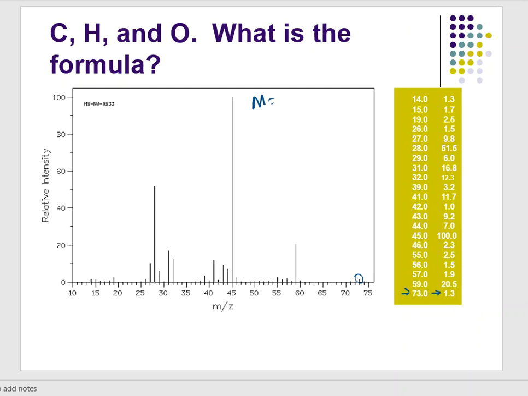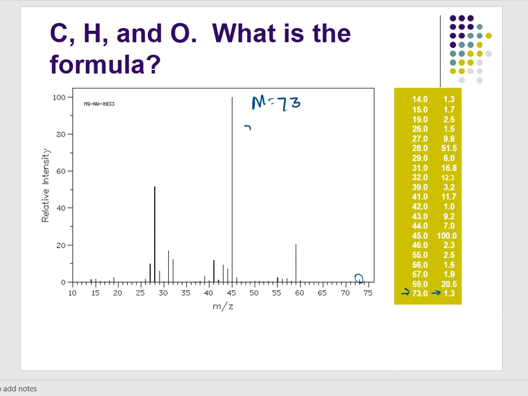We see 1.3% of the time. They don't give me any M plus 1 peaks, though. That would be like 74, right? So 73 is the highest number. 73 is the M peak, but I have no information on the M plus 1 or M plus 2 peaks or anything else. So the M peak is 73.